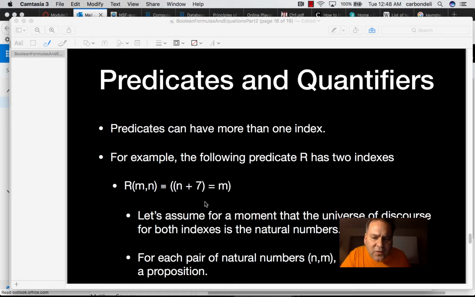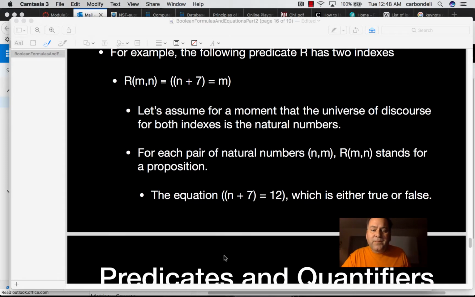And let's assume for a moment that the universe of discourse for both indexes is the natural numbers. So for each pair of natural numbers n, m, R of m, n stands for a proposition: the equation n plus 7 equals m, which is either true or false.